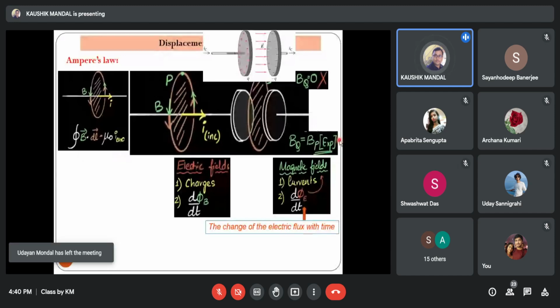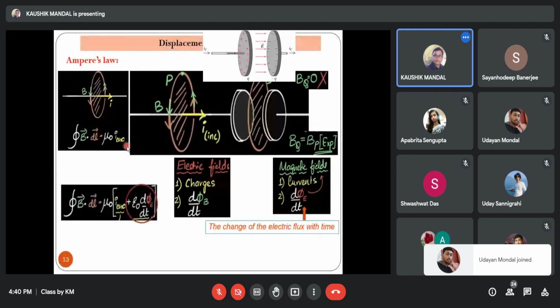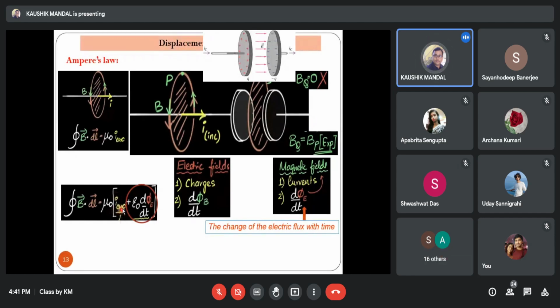So what will be the modification in this Ampere's law now? Depending on this inclusion of the electric flux with respect to time, now we have to modify this Ampere's law. That has been done by Maxwell. Okay, so B dot dl equals mu 0 into I enclosed, that remains the same.